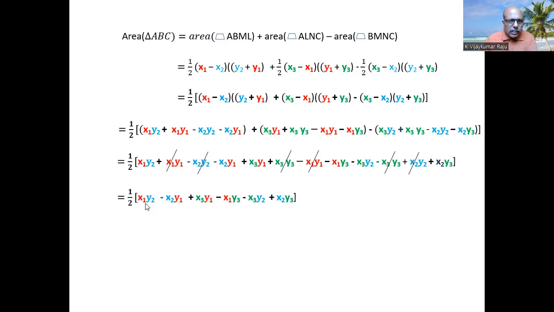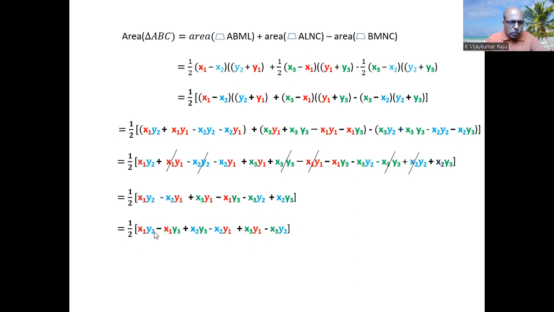Now what I do, I bring all x1s first. Here there's an x1 term, here also x1 term. I write these two together. x2, x2, I write them together. x3, x3, I write them together. I just rearrange it. So x1 y2 minus x1 y3 plus x2 y3 minus x2 y1 plus x3 y1 minus x3 y2.